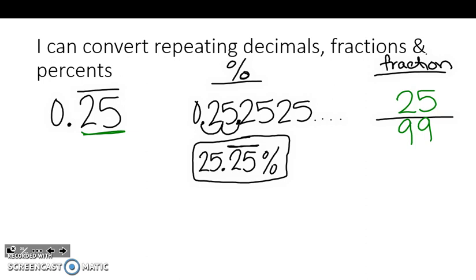So 25, ABC, 99, and hit enter. And as you notice, it does not simplify. So 25 over 99 is your fraction.